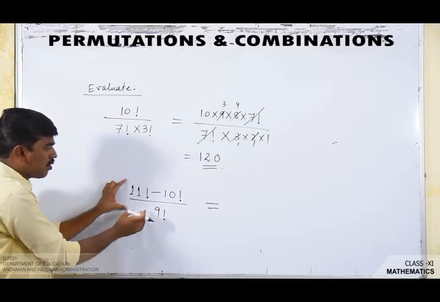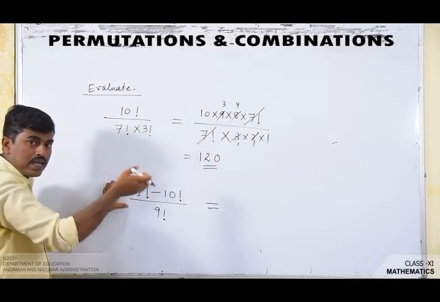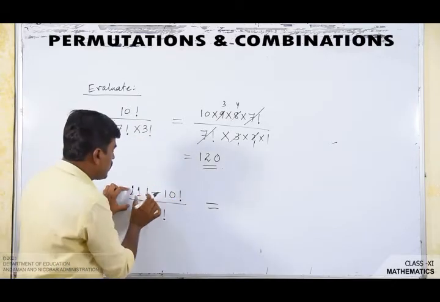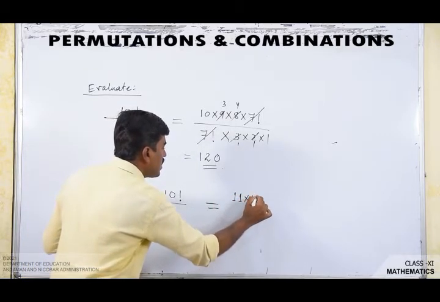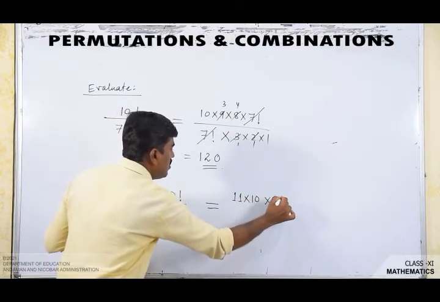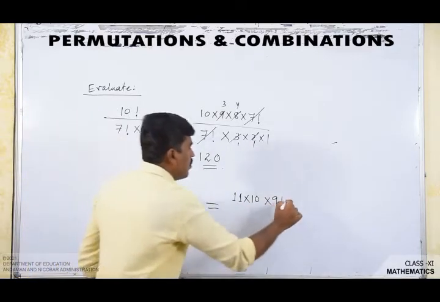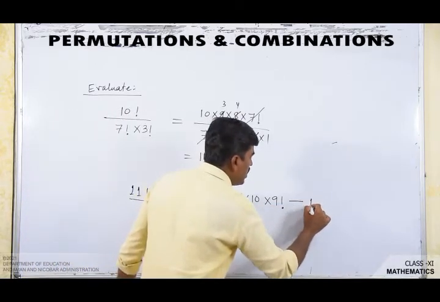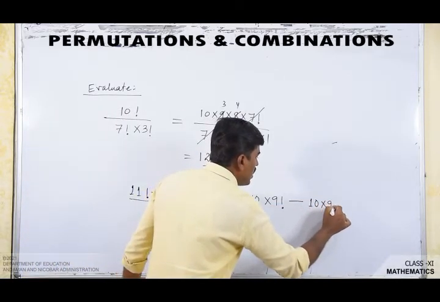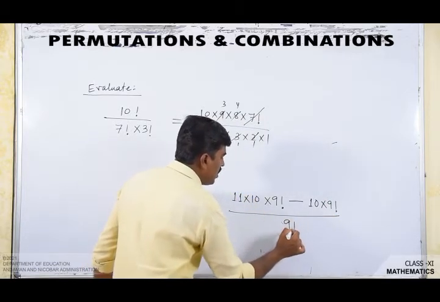So we have to stop both 11 factorial and 10 factorial at 9 factorial. We can write 11 factorial as 11 into 10 into 9 factorial. Then minus 10 factorial. How to write 10 factorial? 10 into 9 factorial, and the denominator is 9 factorial.